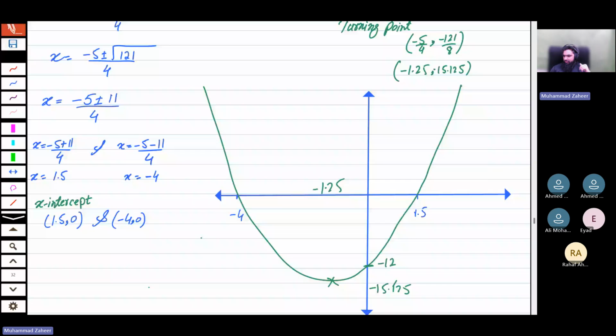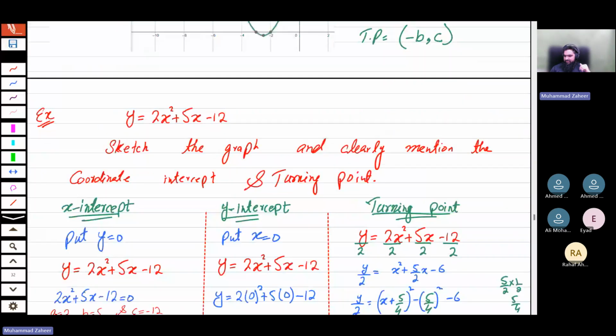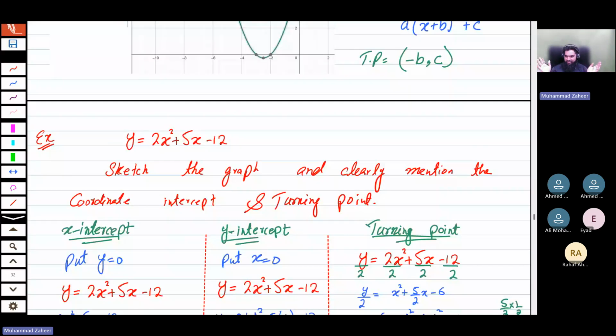Here we are going to be talking about the quadratic graph in detail, how you are able to sketch the quadratic graph.